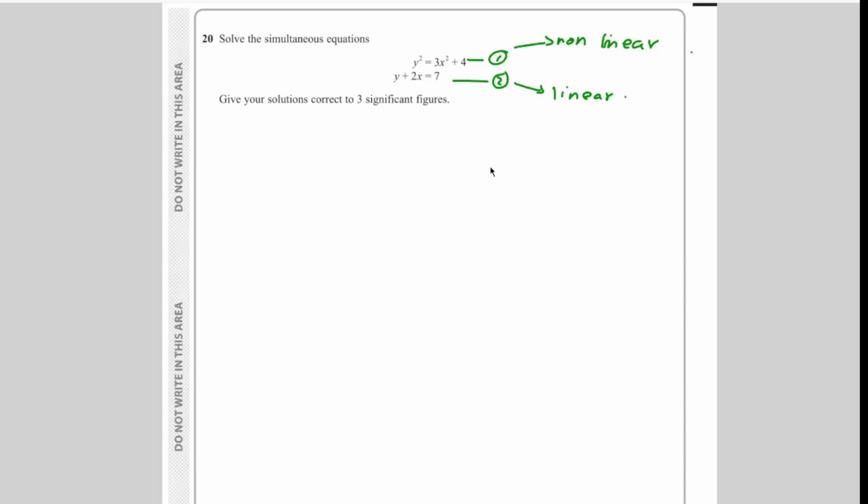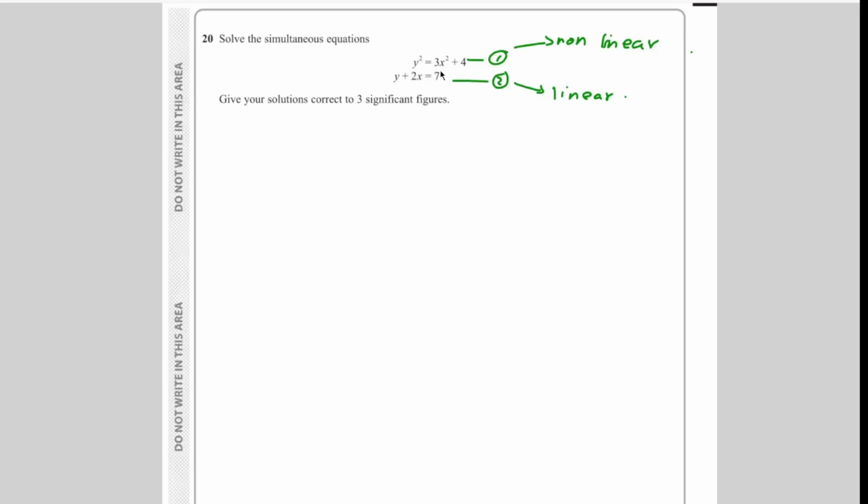So there are two types of equation for your simultaneous equations in this lesson, non-linear and linear, which means you are getting a straight line equation and a curve equation. So we need to combine these two, which means you have to spot the equation where there are no powers first. In this case, the second equation is the one where there are no powers.